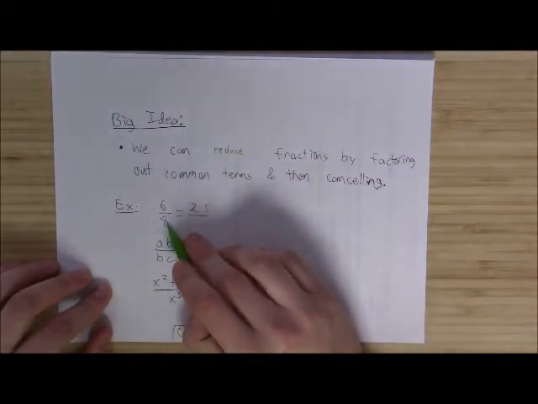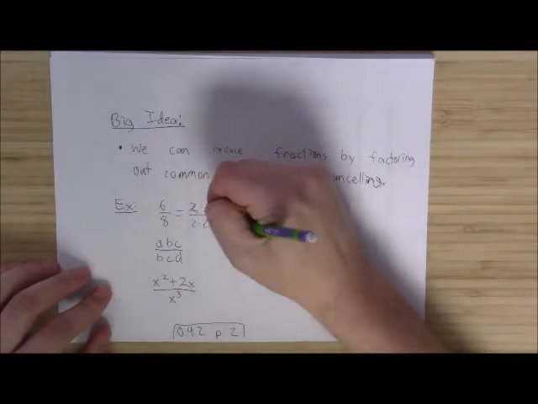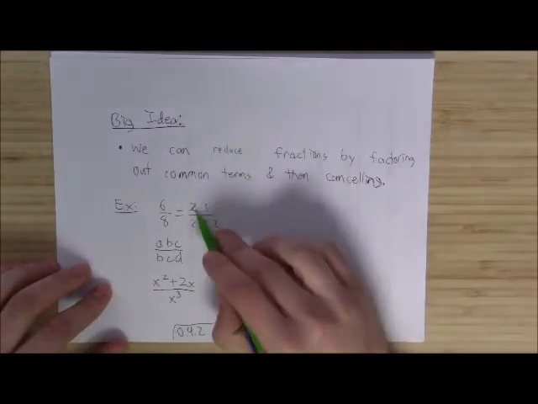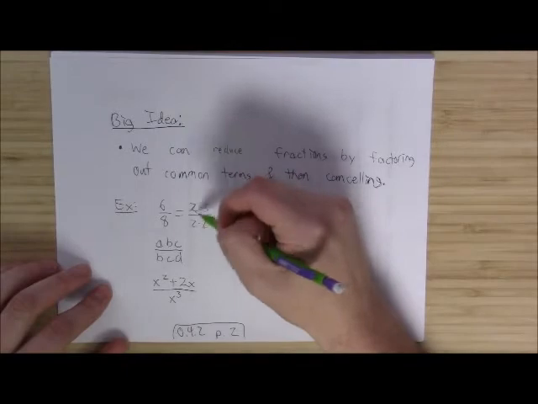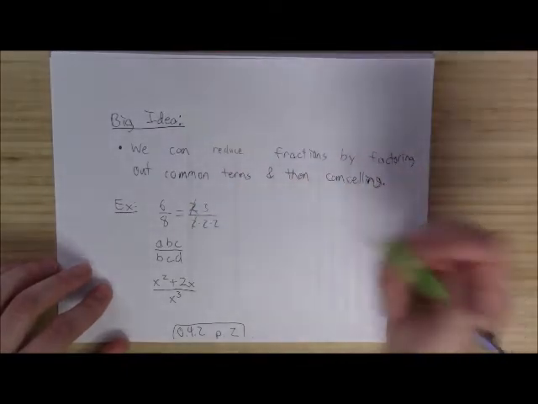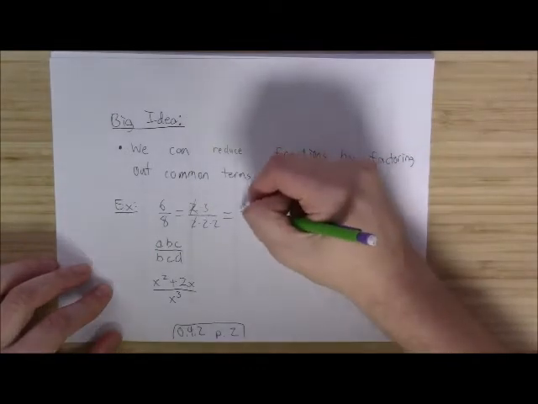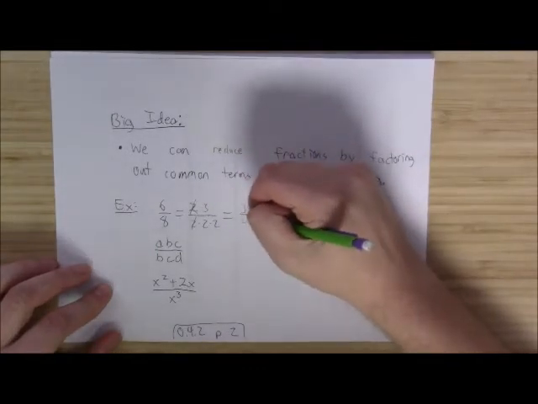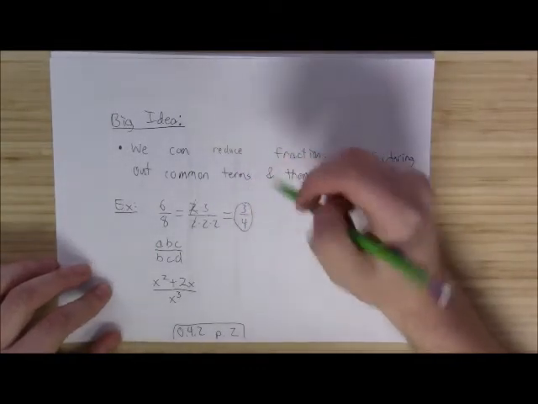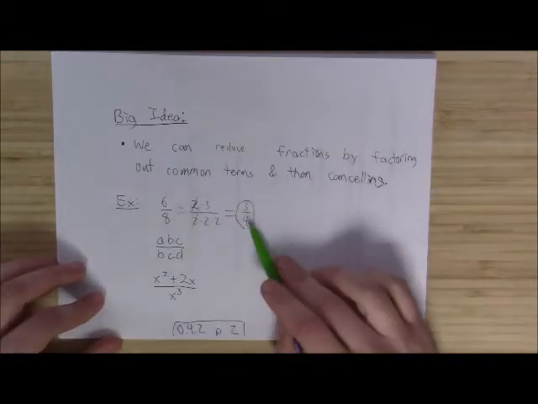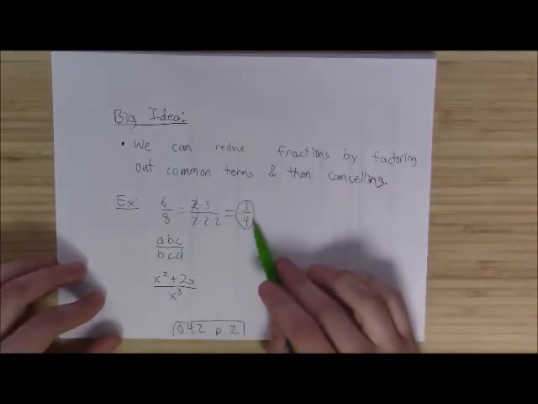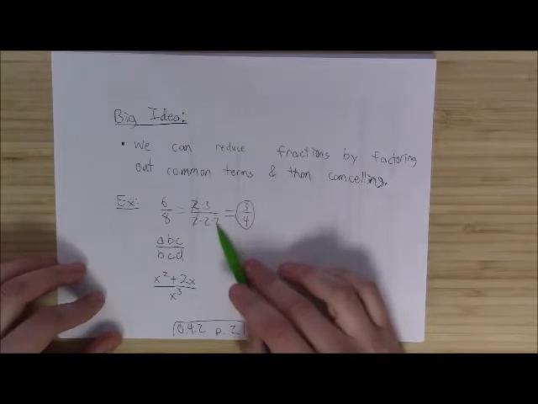In the bottom, we have 2 times 2 times 2. So there's a 2 in the top, there's a 2 in the bottom with multiplication in between, so we can cancel those. What we have left is a 3 in the top and a 2 times 2 in the bottom, which is 4. So essentially all we're doing here is reducing the fraction by canceling out common terms in the top and bottom.